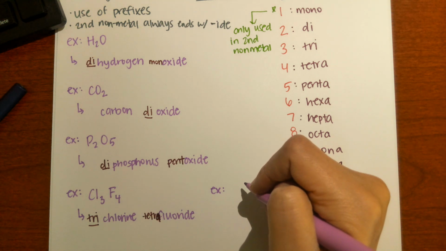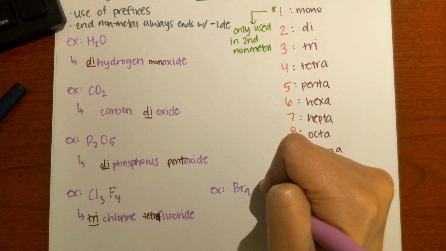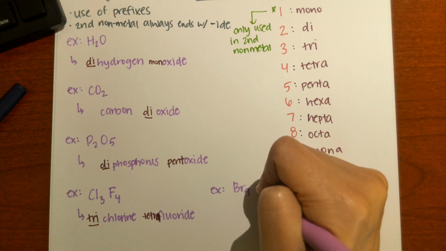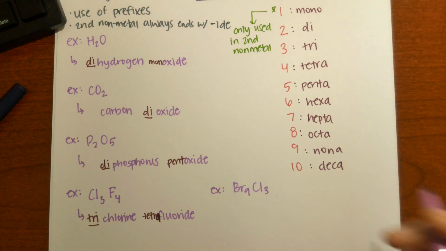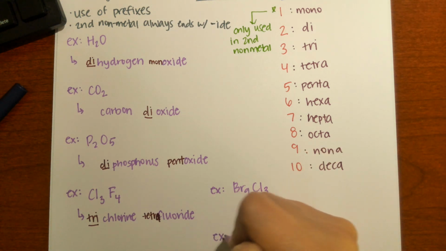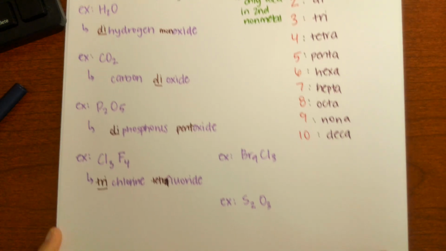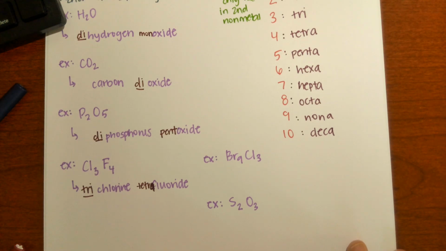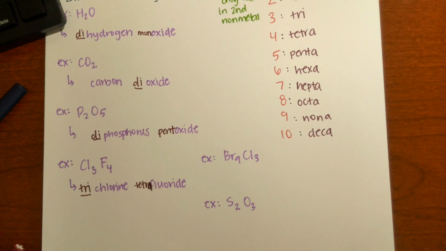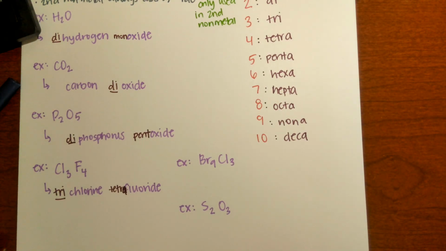Let's say I give you Br9Cl3 and S2O3. Go ahead and try this out. Pause the video and then unpause to check your work.